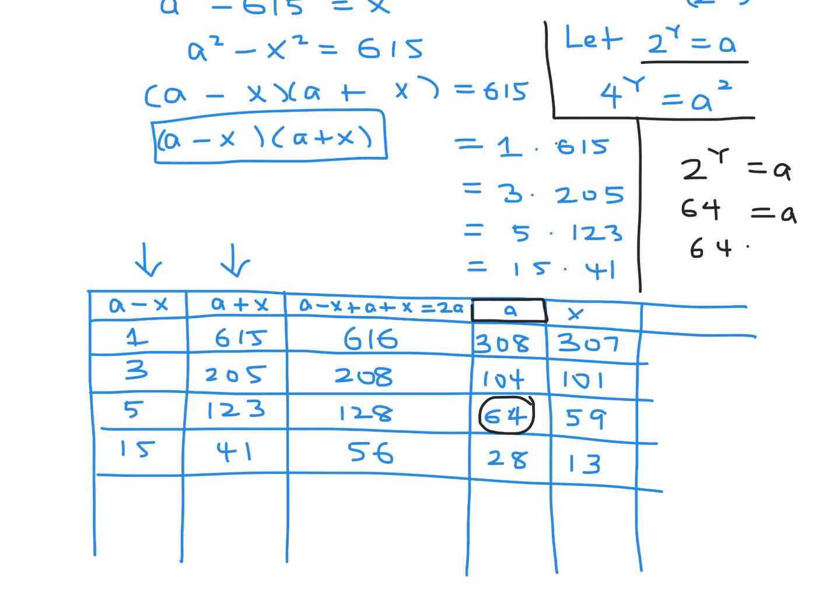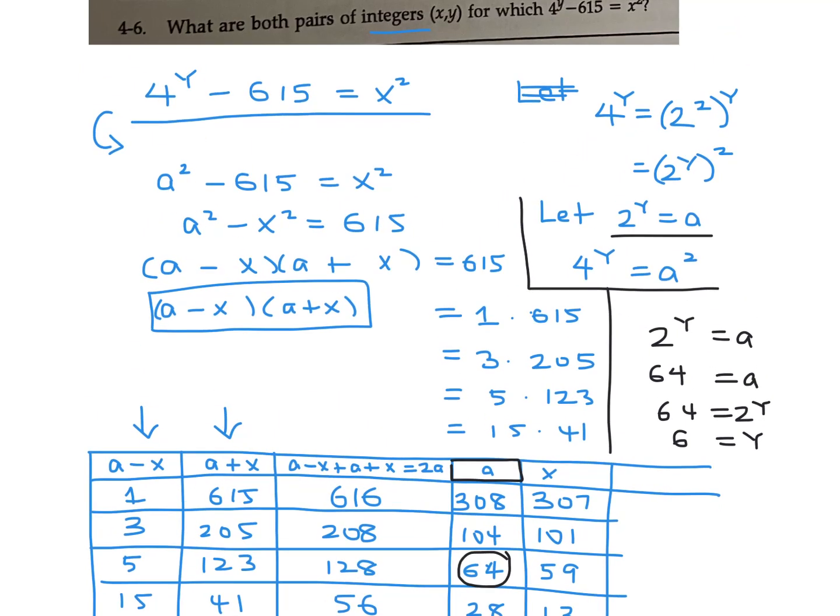So 64 is 2 to the power of y, which means y is equal to 6. And then we have to figure out x, right? Where do we figure out x?